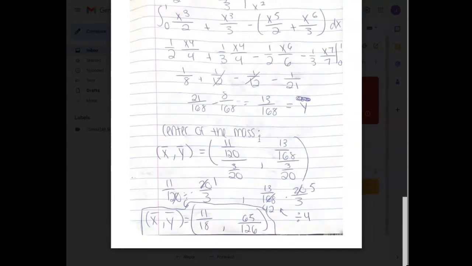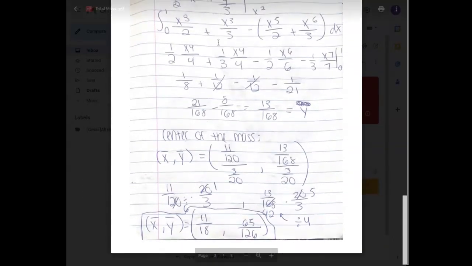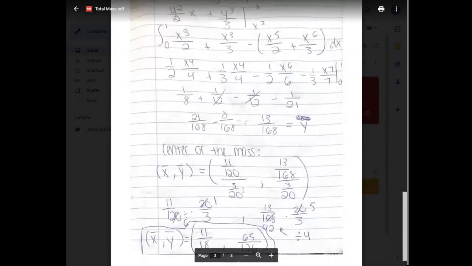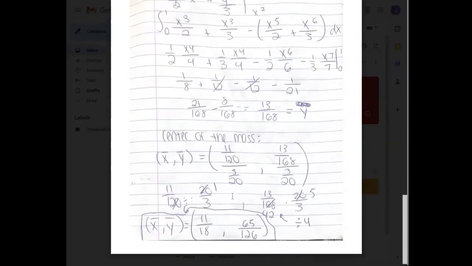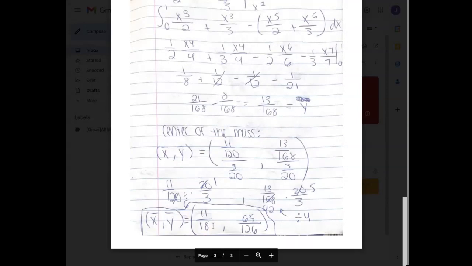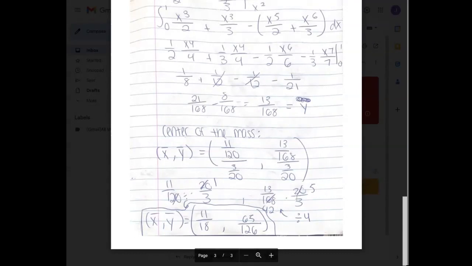And then to find the center of the mass, I divided what I got for the x part by what I got when I integrated the mass density. So my final answer is 11 over 18 for the x component of the center, and 65 over 126 for the y component.